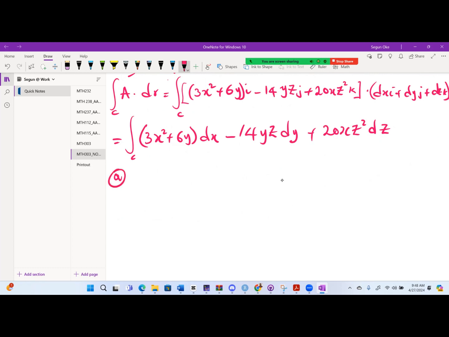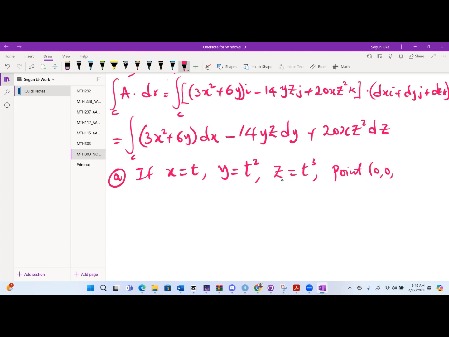Question A says, if x equals t, y equals t squared, z equals t cubed, the points (0,0,0) and (1,1,1) correspond to t equals 0 and t equals 1, respectively.